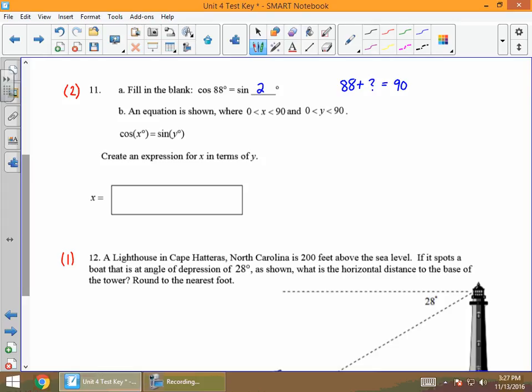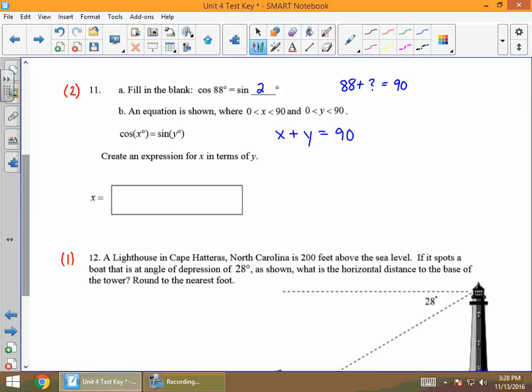And then the second point says an equation is shown where x is between 0 and 90 and y is between 0 and 90. So the sine of x equals the cosine of y. So again, those two angles, x and y, have to add up to equal 90. So x plus y has to equal 90. And it wants us to write an expression for x in terms of y.